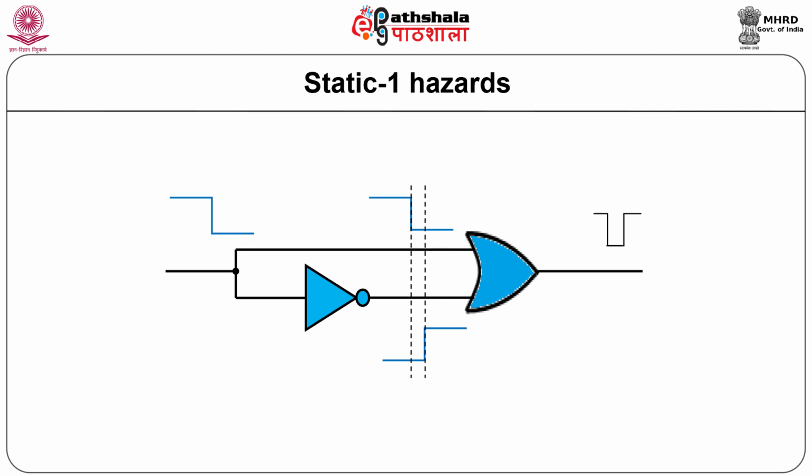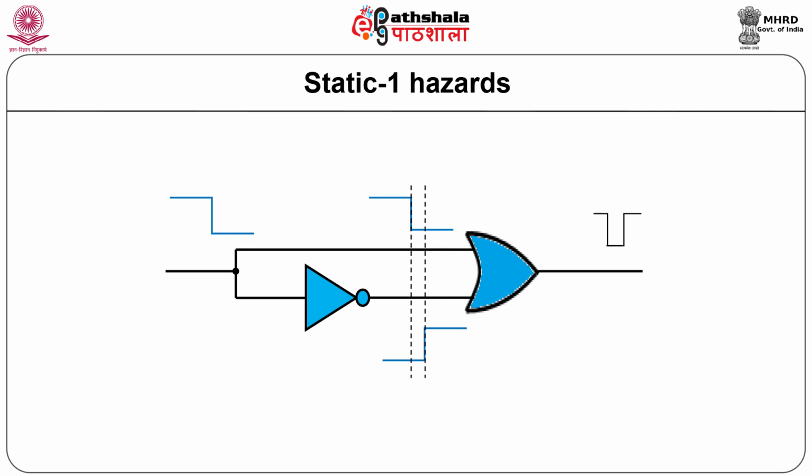When the input signal is at logic 1, NOT gate output is at logic 0. Hence, the output is at logic 1. When the input changes the state from 1 to 0, then output of OR gate produces a small glitch which goes momentarily 0, that is low.